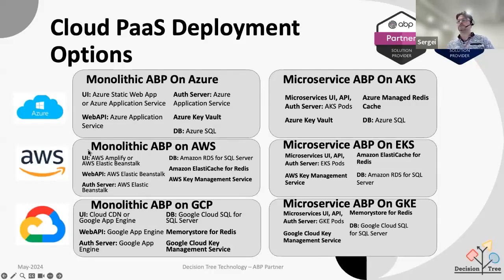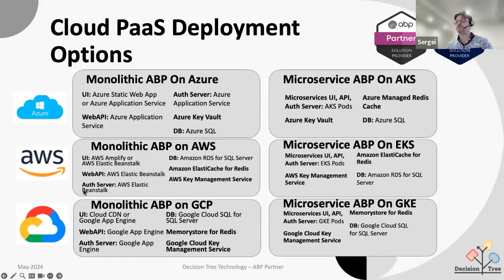A similar composition applies if you decide to go not with Azure but with AWS. We'll use AWS Amplify for static payloads or Elastic Beanstalk for .NET web services.